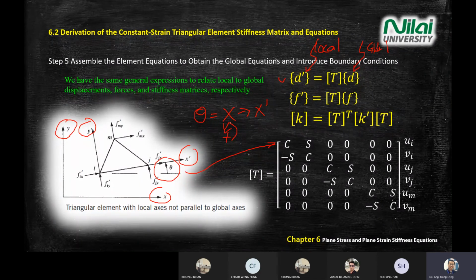All right, then you put in T form. So this is just labeling for you. I just label the side for you. So same, the first represents UI, VI, UJ, VJ, UM, and VM. These are the labels that you should know when it comes to the T matrix. Okay, T is a conversion that you use to convert the X and Y axis with the angle.